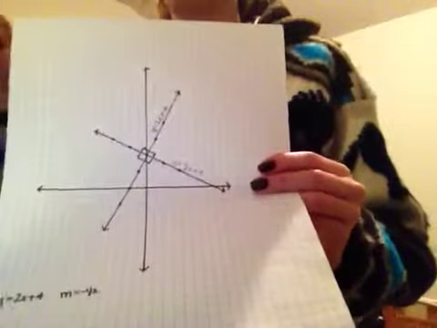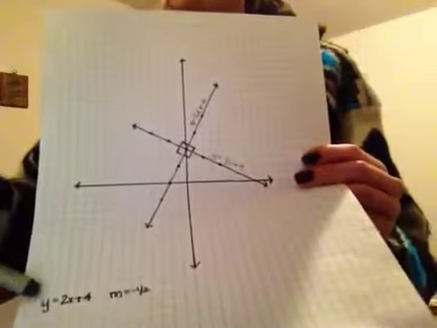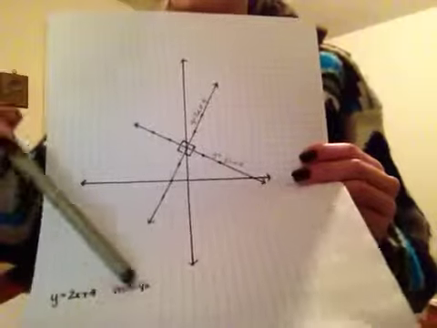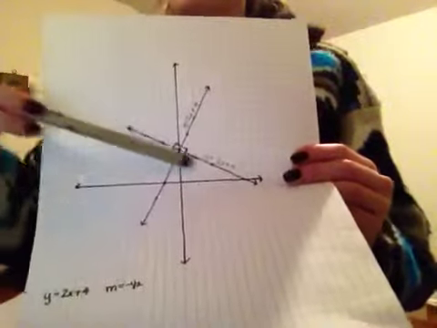And so I would do a couple more examples of that, and then I would give them an equation and would not give them the other slope, and based on the equation have them figure out the line perpendicular to it.